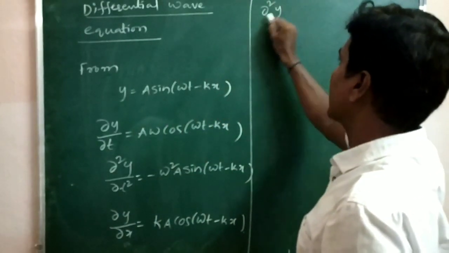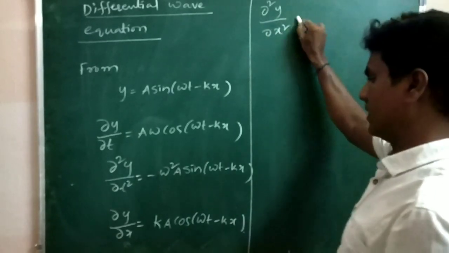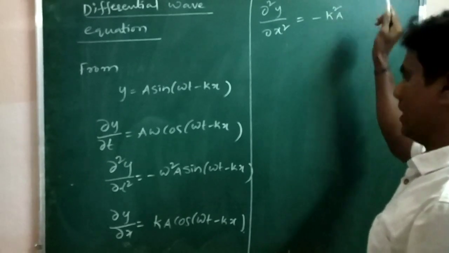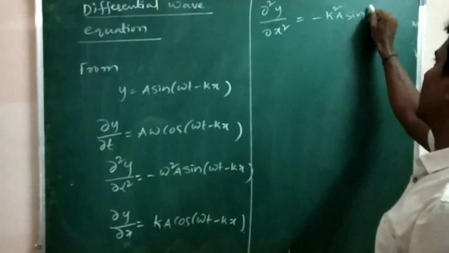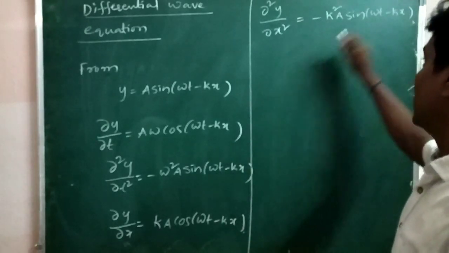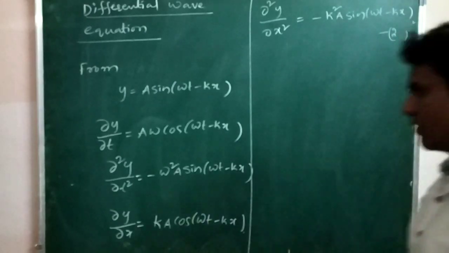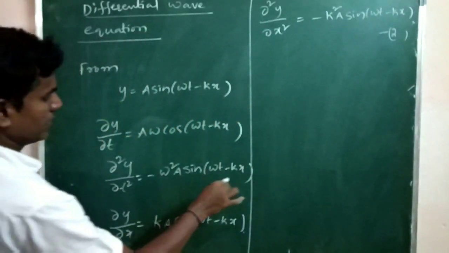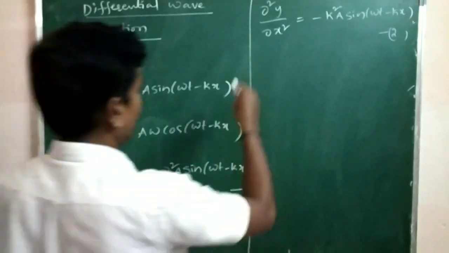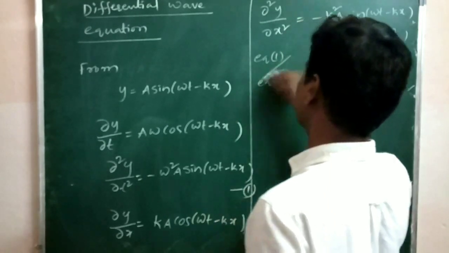Del square y by del x square equals minus k square a sin omega t minus kx. So this is the second equation, and the first equation is above. Equation 1 is divided by equation 2.